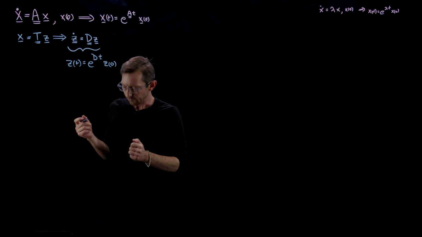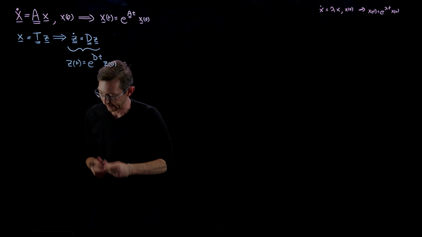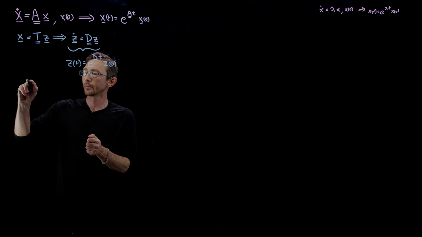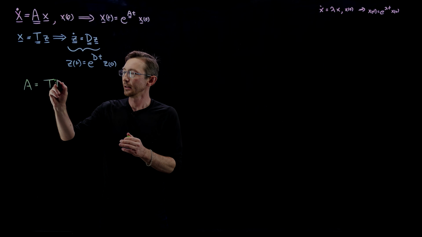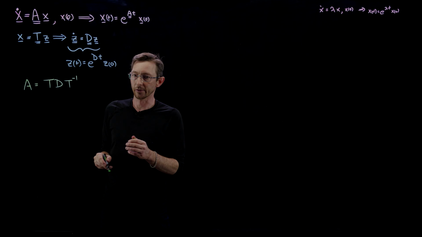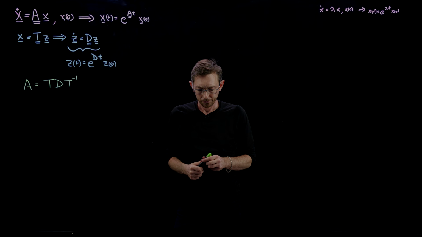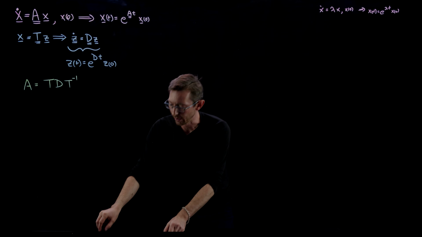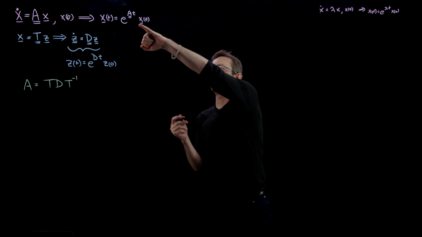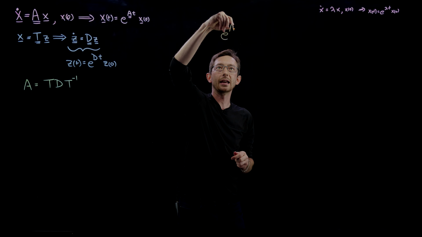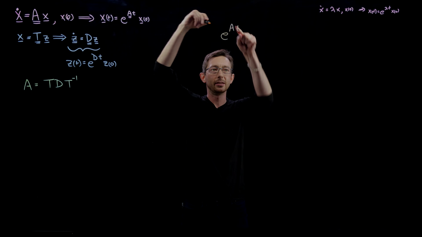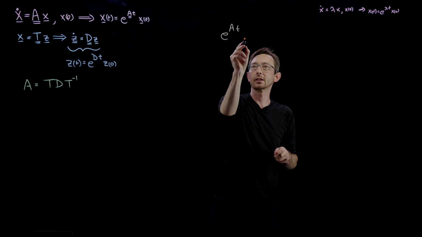So I shouldn't have erased all of my stuff. So we know that A is equal to T D T inverse. I want to tell you about this matrix exponential, e to the A t, and I'm going to drop the underbars. We know that A is a matrix.